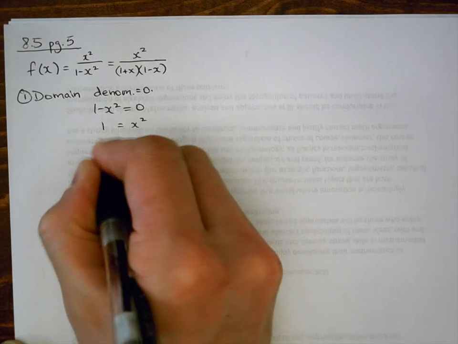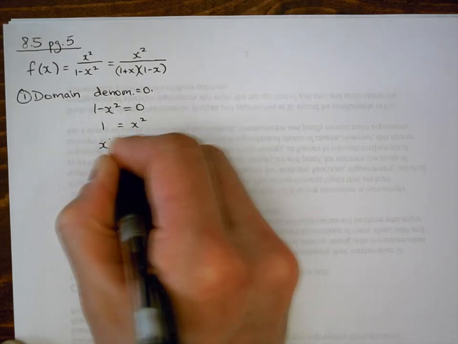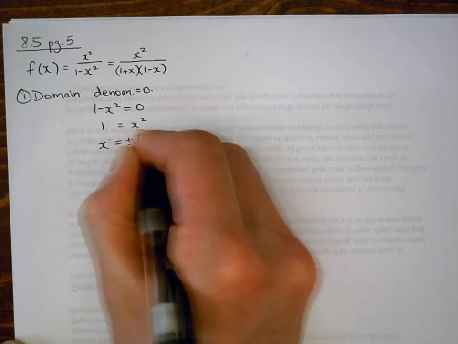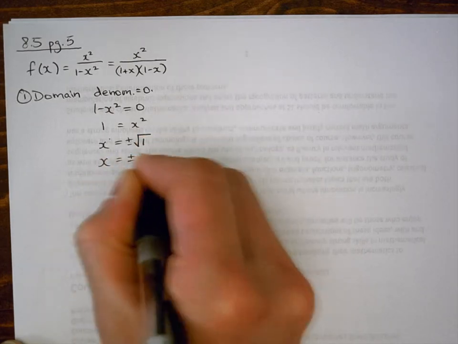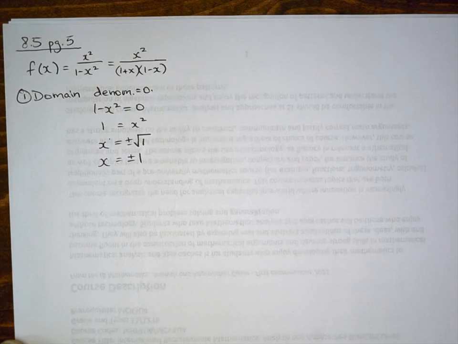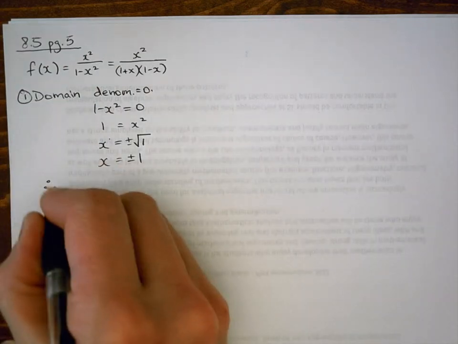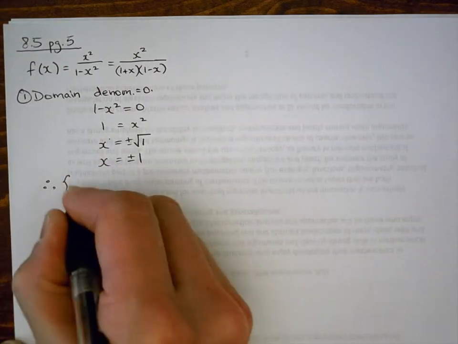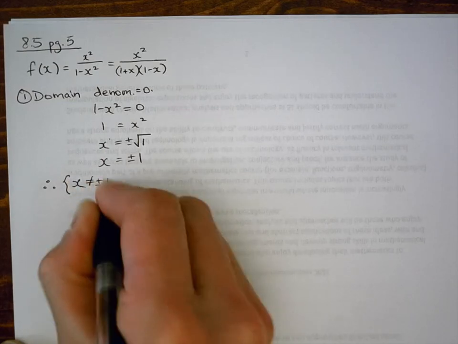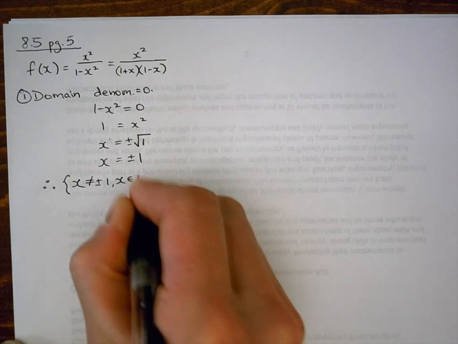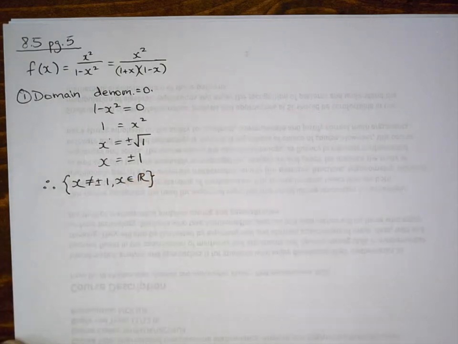I get x is equal to positive or negative square root of 1. So I get x is equal to plus or minus 1. So therefore my domain is x cannot equal plus or minus 1, but otherwise x belongs to the set of all real numbers.